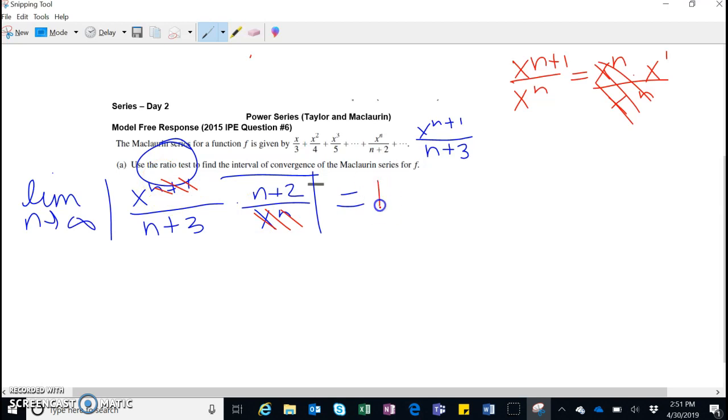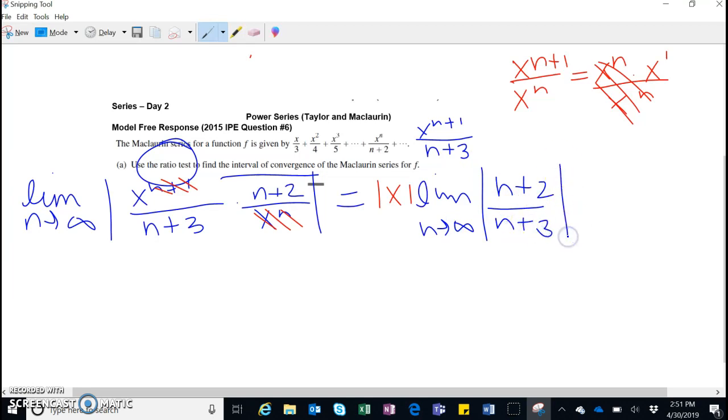So my limit is involving n's, not x's, so I can take the absolute value of x out and look at the limit as n approaches infinity of n plus 2 divided by n plus 3. So thankfully in blue here, that's a limit that is not super scary. I take the equal powers on n and grab the coefficients.